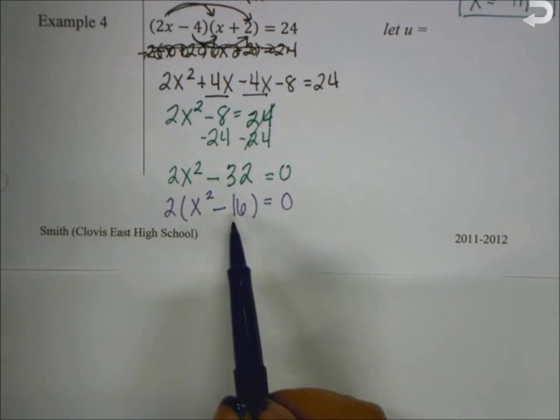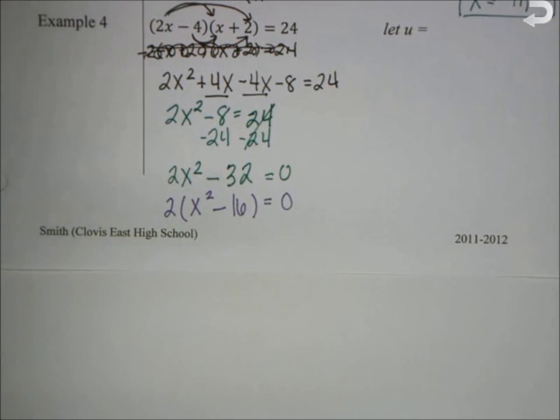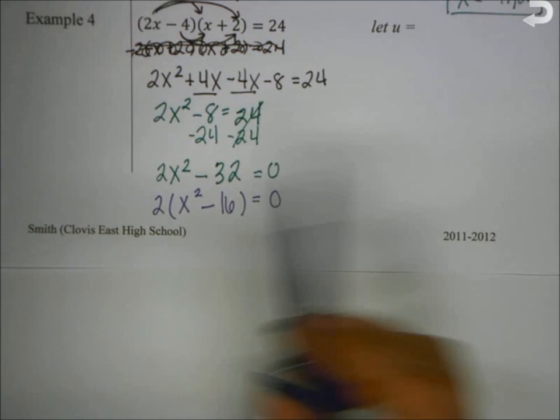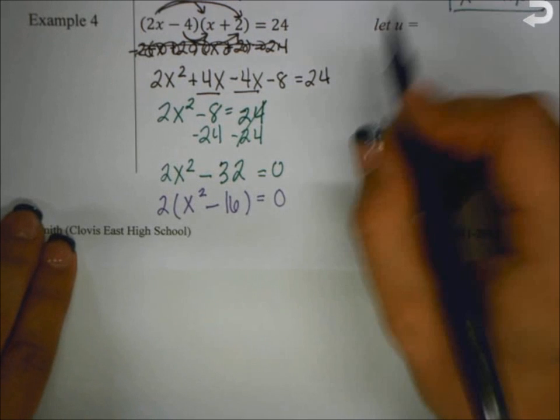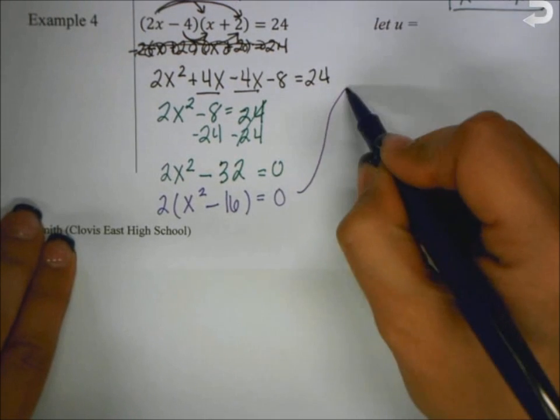So let's finish this one out. Okay, can I factor x squared minus 16? Yes, it's a difference of 2 squares. I ran out of room, so I'm coming up here. So 2 times x plus 4, x minus 4 equals 0. Am I factored all the way? Yes.